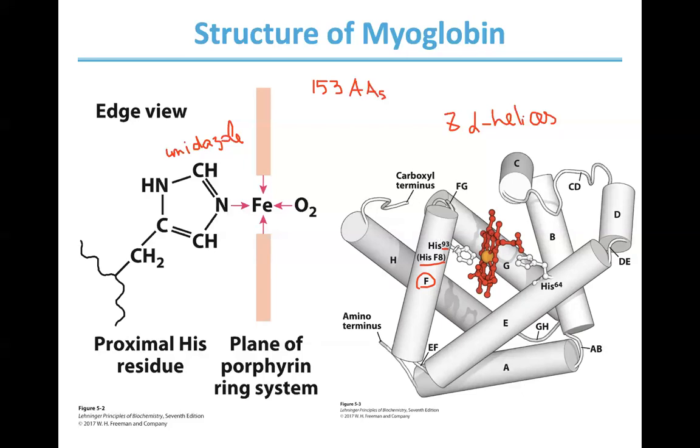And so this histidine will be amino acid 93 from the amino terminus, or it's amino acid 8 from the amino terminus of the segment F. Does that make sense? So there are 2 ways to label this histidine, but people refer to this as the proximal histidine that will hold this iron in place in addition to the porphyrin ring system. Any questions?